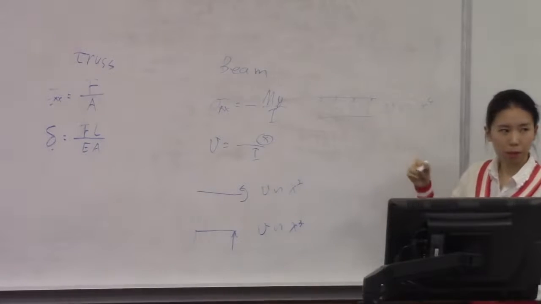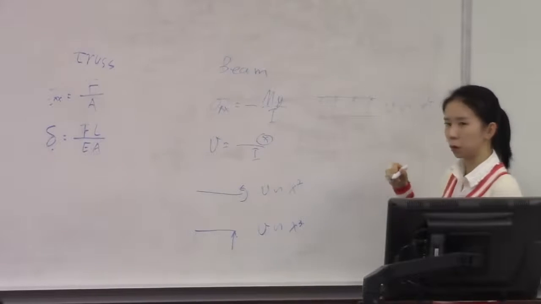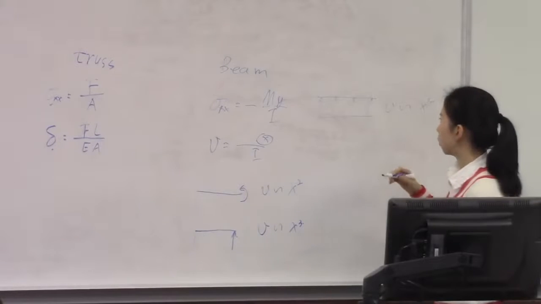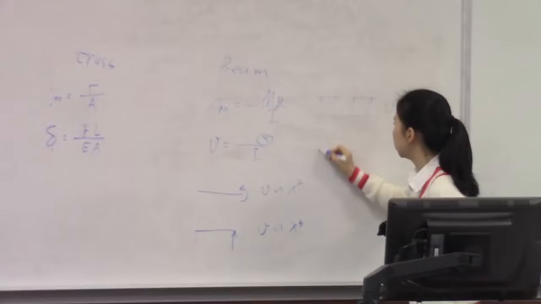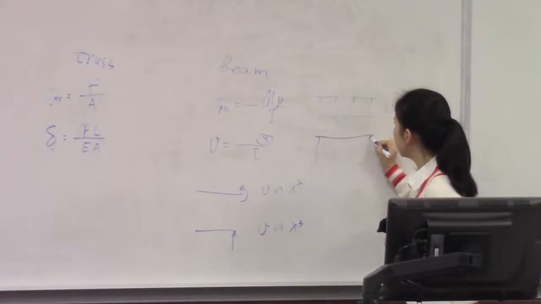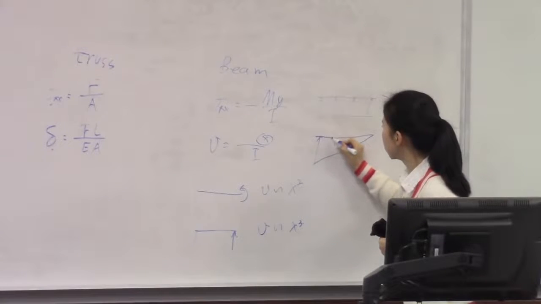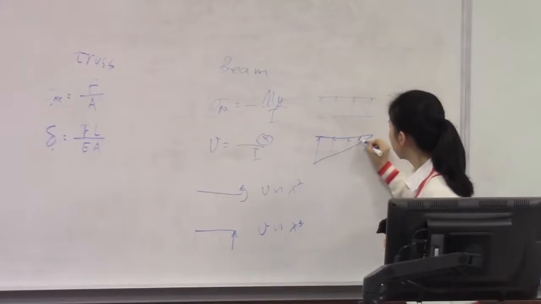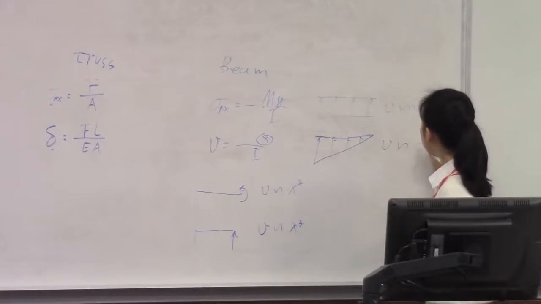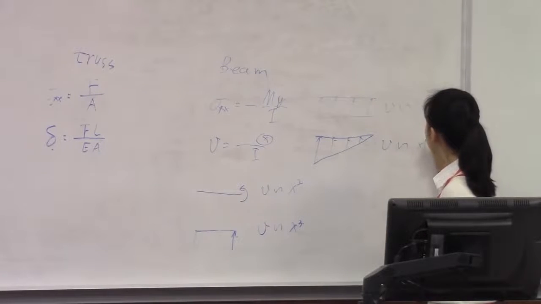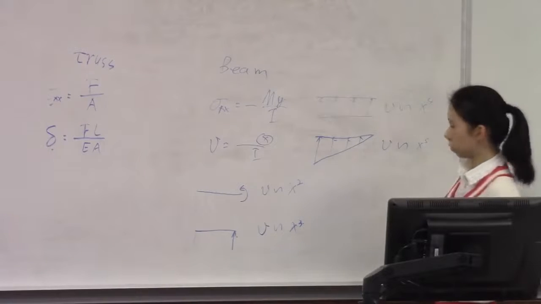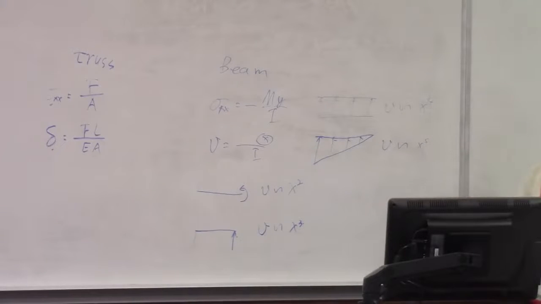This is the background knowledge from your mechanics of materials, not from FEA. It's just a review. So if this distributed force changes linearly, this deflection should be a function of x 5th order.